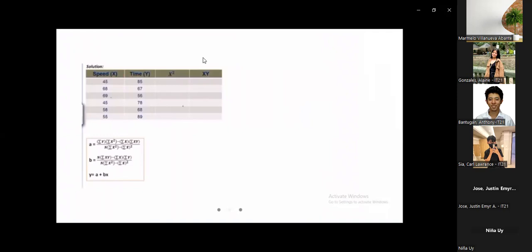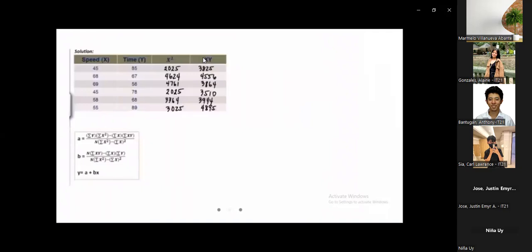So, na-squared na natin, and also na-multiply na natin yung x and y. So, ang next naman gagawin dyan is kukunin natin yung summation ng bawat column ng table na to.